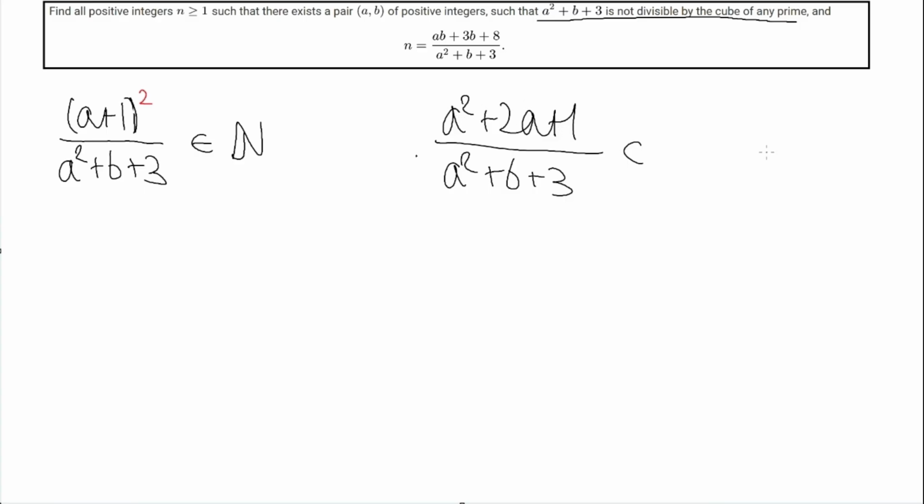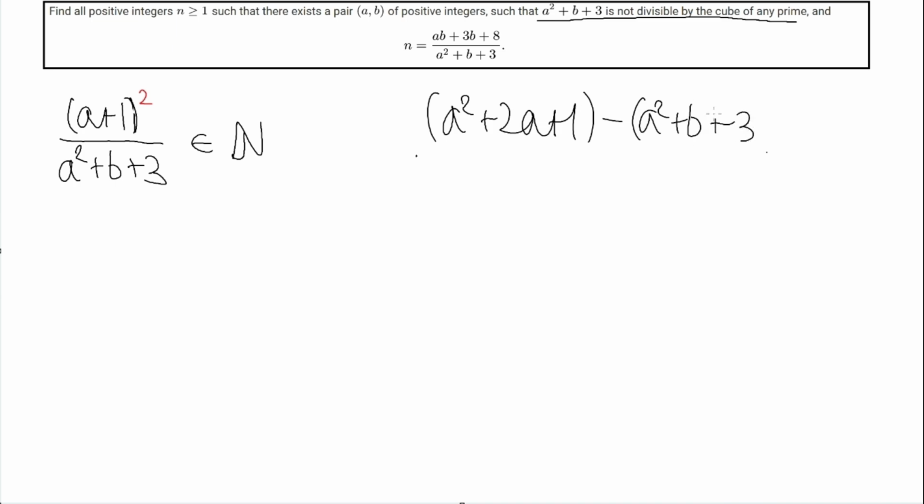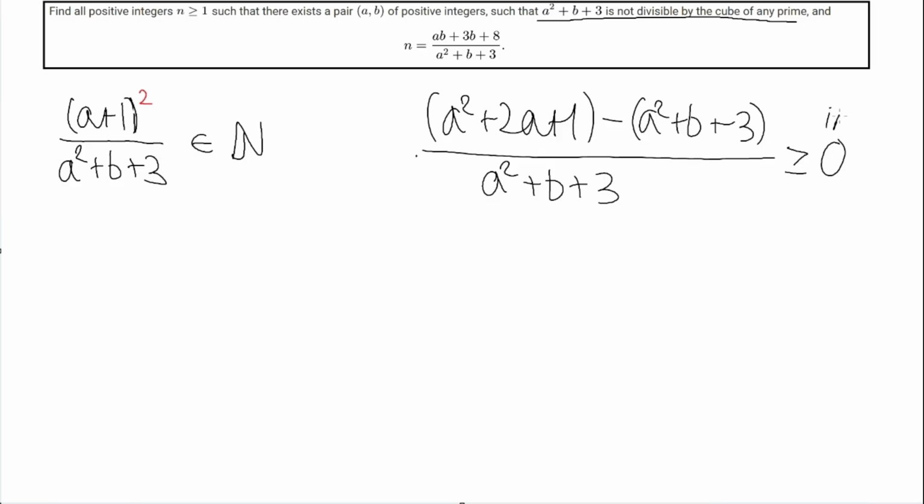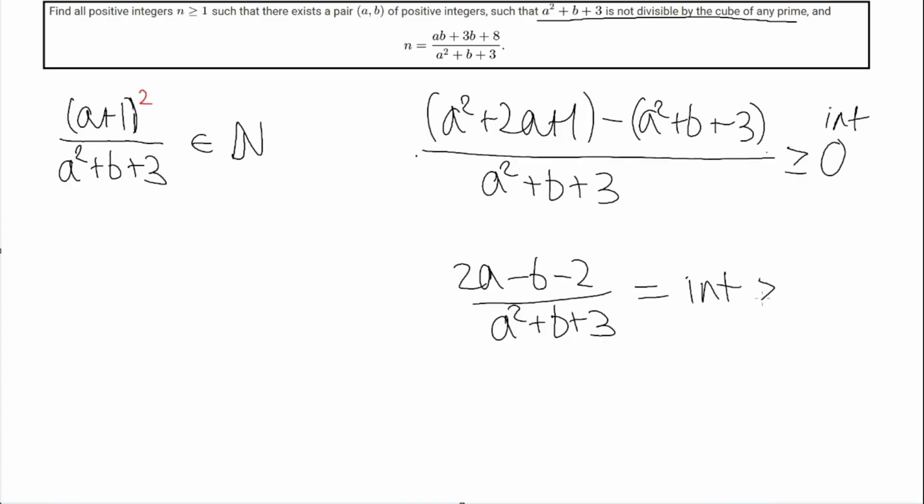So if we subtract 1 from this, then we get this minus (a squared plus b plus 3), all over a squared plus b plus 3, is an integer greater than or equal to 0. And if we expand this out and simplify it, we get (2a minus b minus 2) over (a squared plus b plus 3) is an integer greater than or equal to 0.